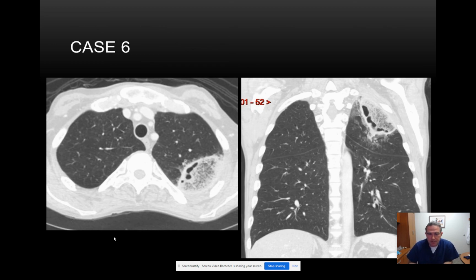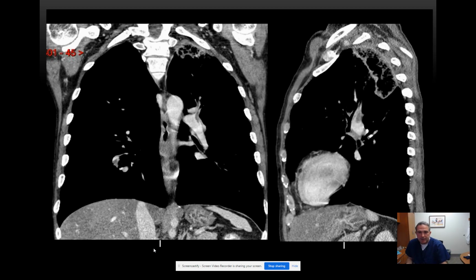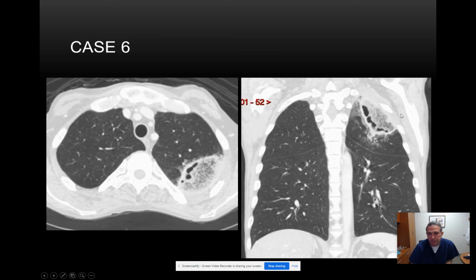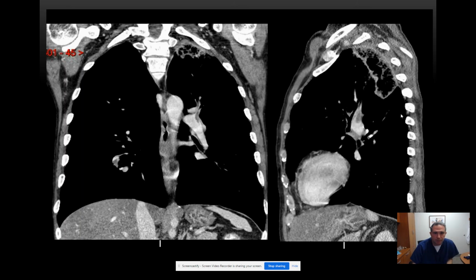In this case, this kind of bubbly, frothy stuff that's melting away, one should show you this because it does have an appearance that should make you think about something else. And that is a pulmonary infarct. You can see this person has a PE. So this is not an infection. This is just a pulmonary infarct that's cavitating. So keep that in the differential.